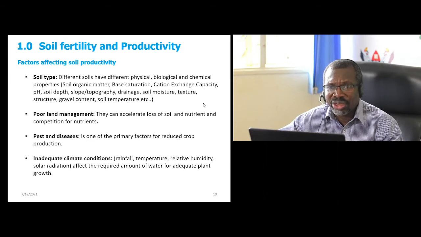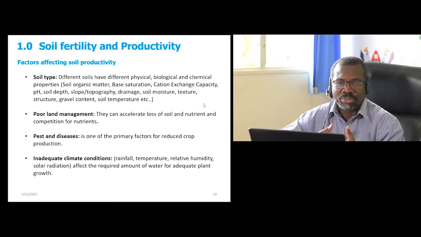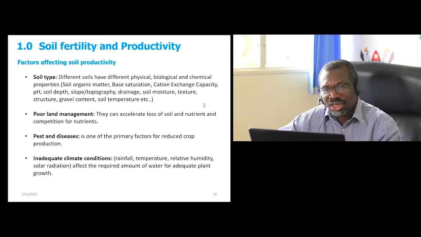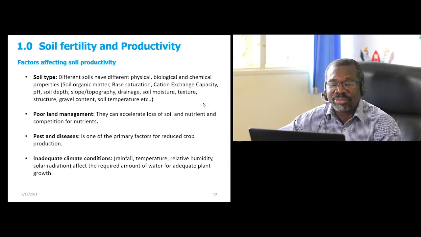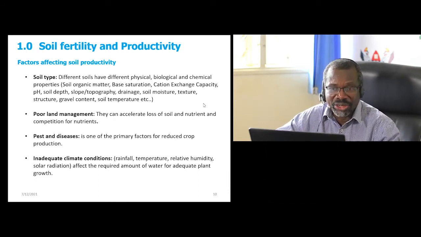The other factor we need to consider here is the way the land is managed. Certainly, poor management will actually contribute to reduced crop yield. But we also have pests and diseases. These pests, which are rampant in most of our gardens, contribute to the loss of productivity.